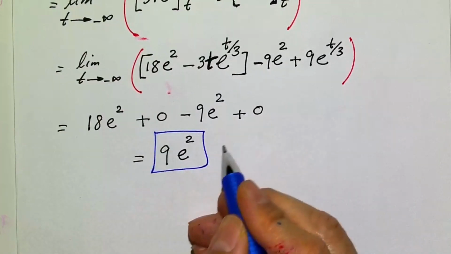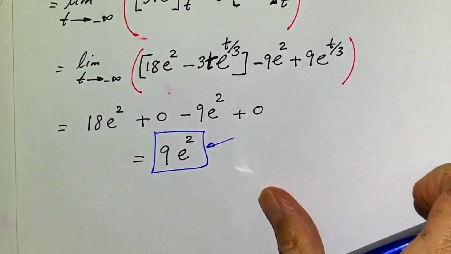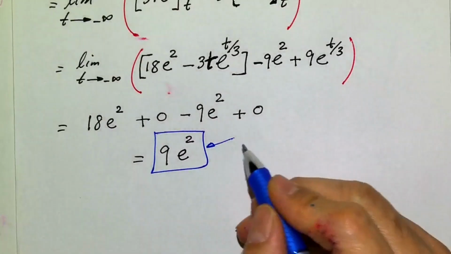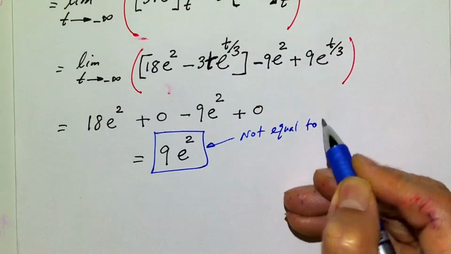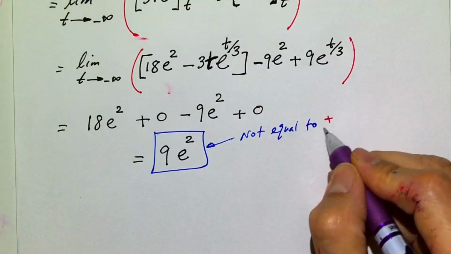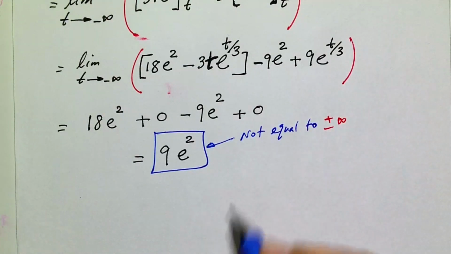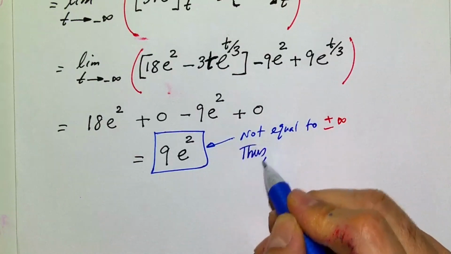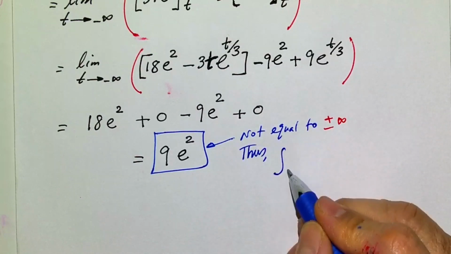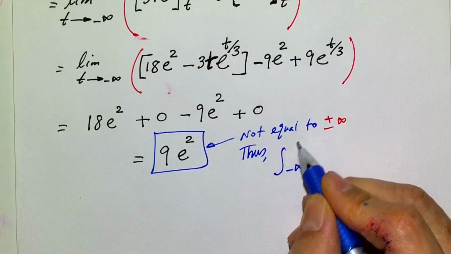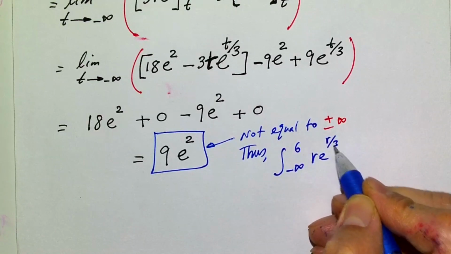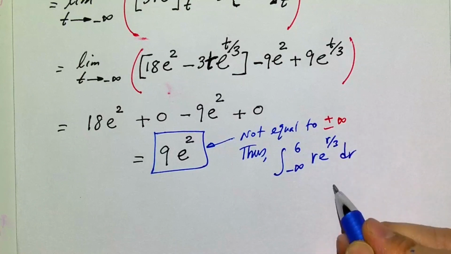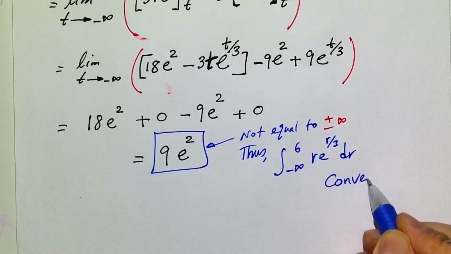Right? So this quantity, of course, is not equal to plus or minus infinity. Thus, the original integral, which was negative infinity to 6r times e to r over 3 dr, converges.